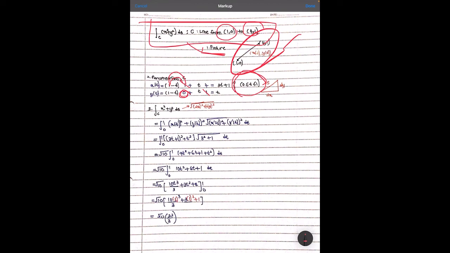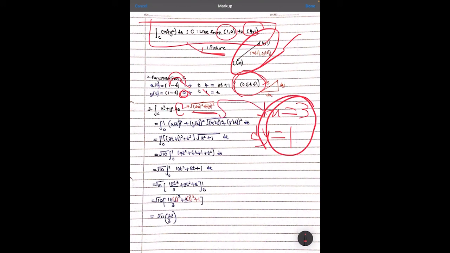I compare it. So ds equals the square root of dx squared plus dy squared. So for dx I got 3, and for dy I got 1. So that's the value I put into this.